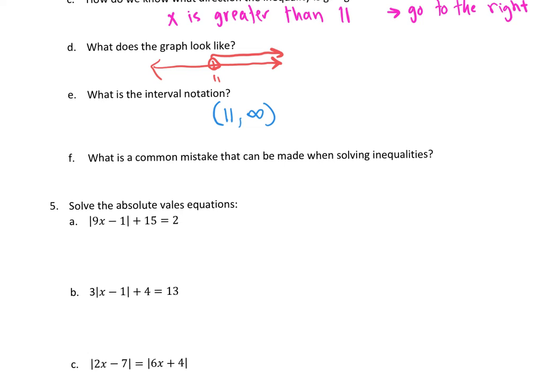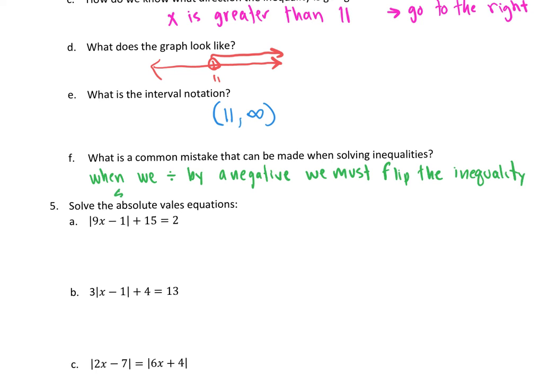So when we divide by a negative, we must flip the inequality. Simple. That is the most common mistake I see.